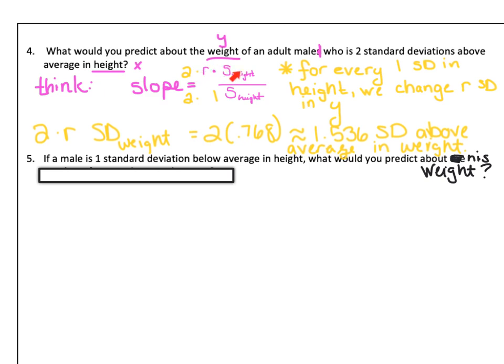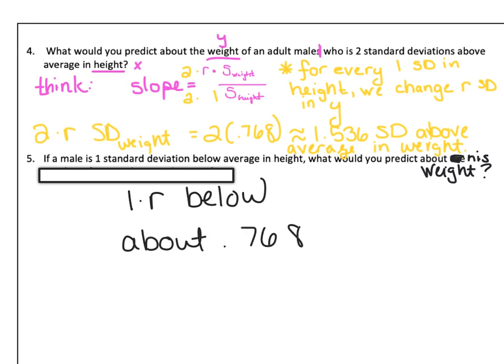So it would be 1 times r below, because it would have direction as well. So r is 0.768 again, so it would be about 0.768 standard deviations below average in weight.